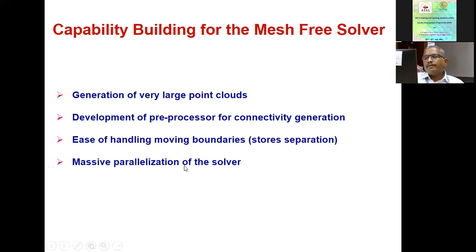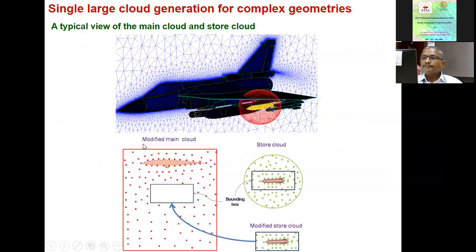Because there are well-known methods for parallelization in the conventional finite volume method. So these were the various aspects we had to address, and they gave us close to about $400,000. That was the kind of funding we got.